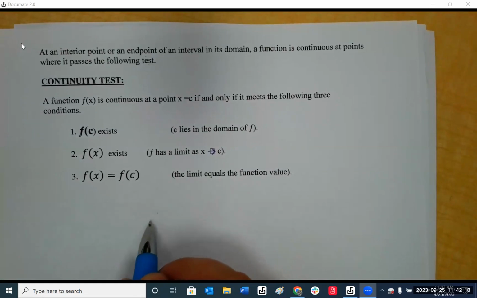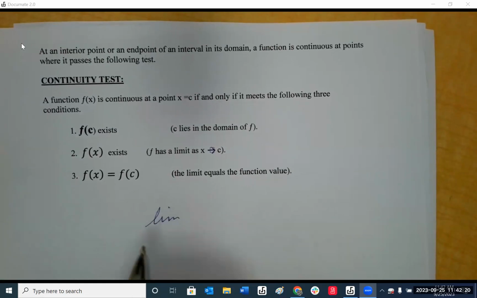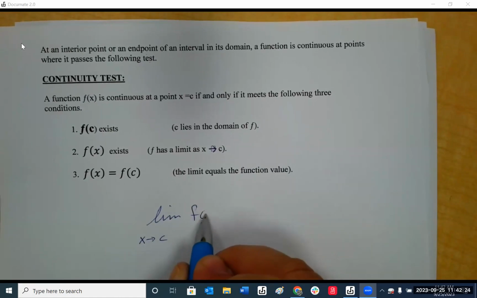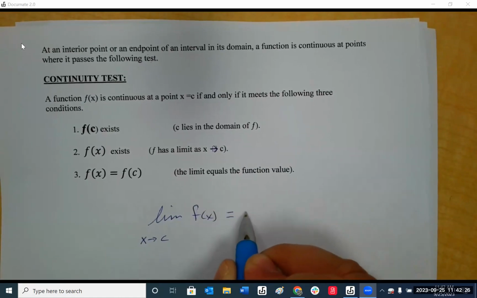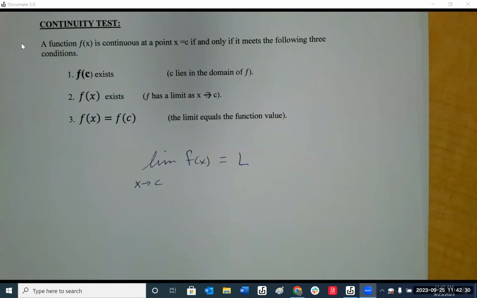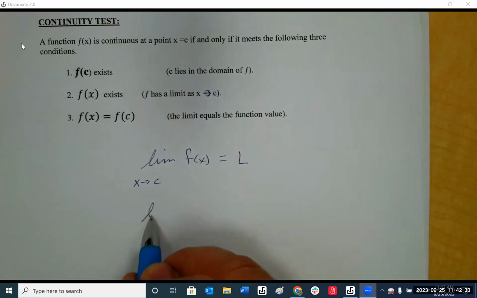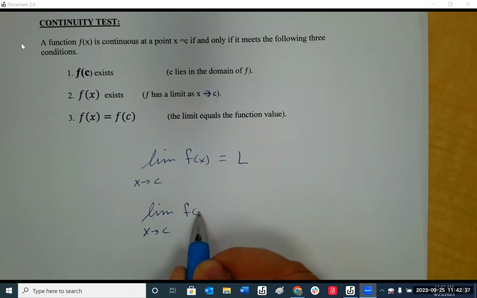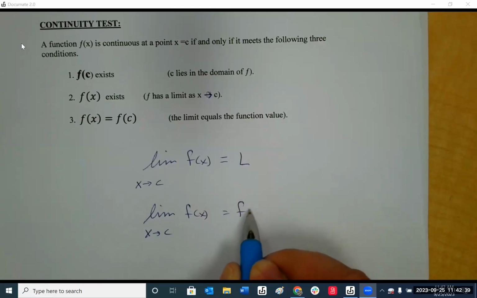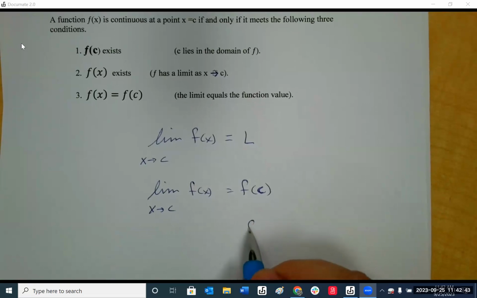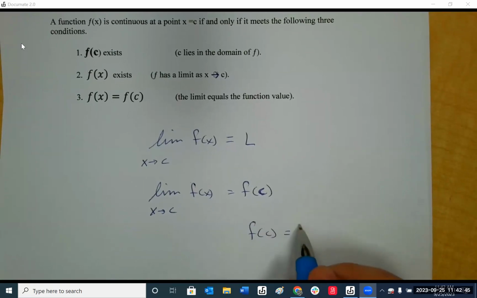So the limit as x approaches c of f of x has to equal L, the limit as x approaches c of f of x equals f of c, and f of c has to equal L.